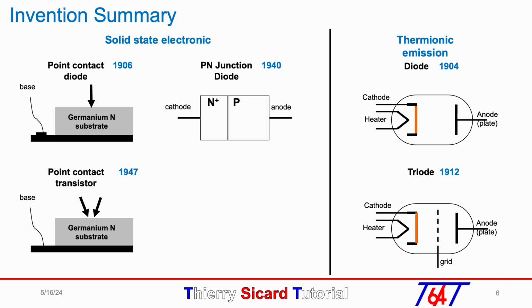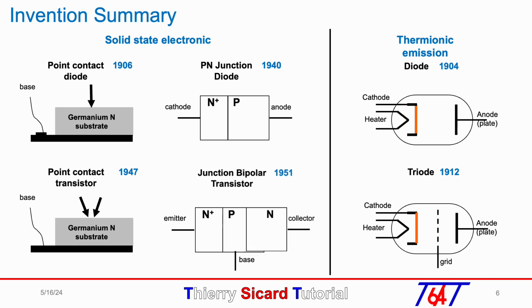In 1951, the bipolar junction transistor invented by Shockley was built for the first time. As the point contact transistor was coming from the point contact diode, the bipolar junction transistor was coming from the PN junction. It was working much better than the point contact transistor.